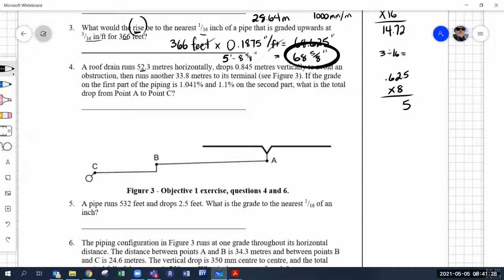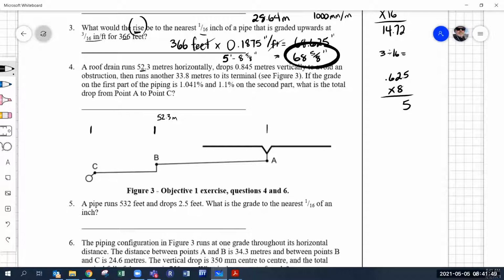We have a roof drain that runs 52.3 meters horizontally. So this is from here to here, 52.3 meters. To avoid an obstruction, it goes to here.